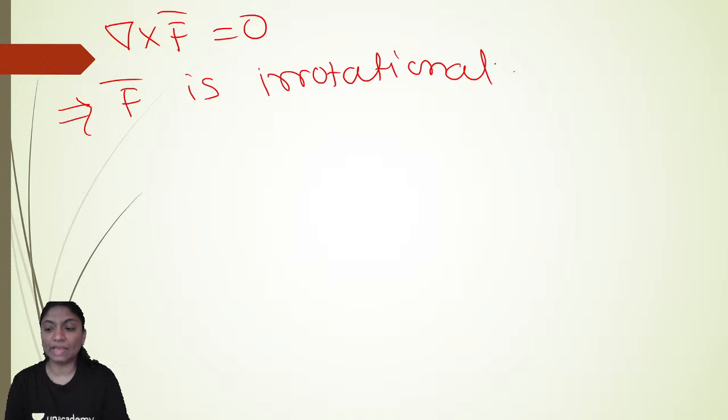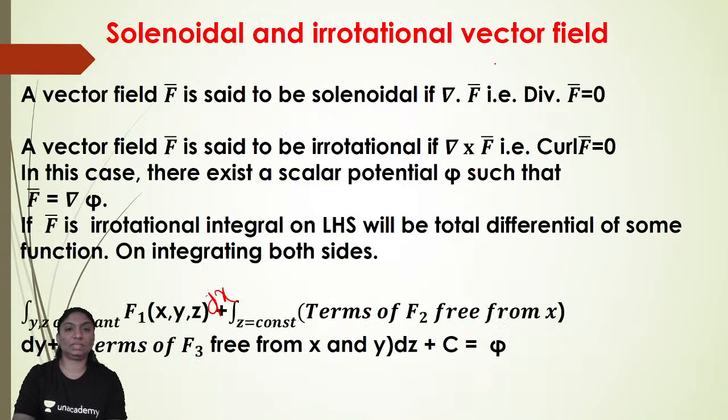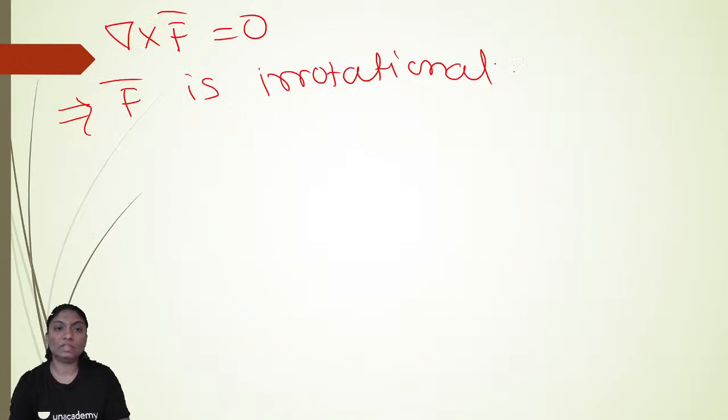And we know that as F bar is irrotational, there exists a scalar potential phi. How do we find the scalar potential phi? We will see here, F bar dot dr bar.